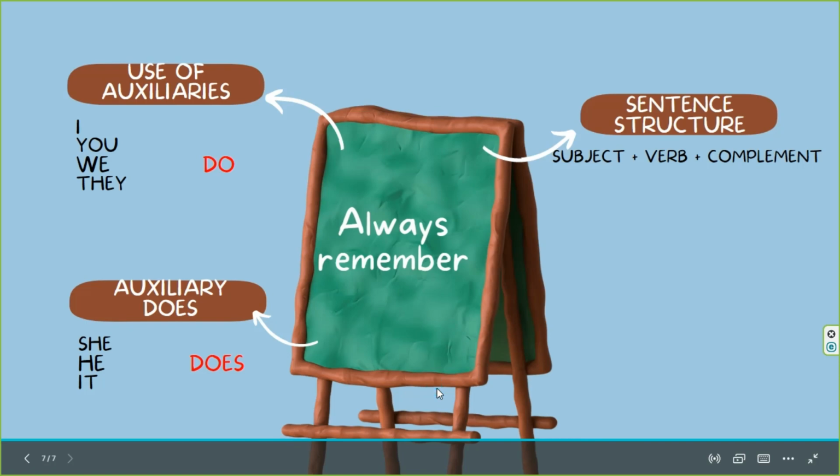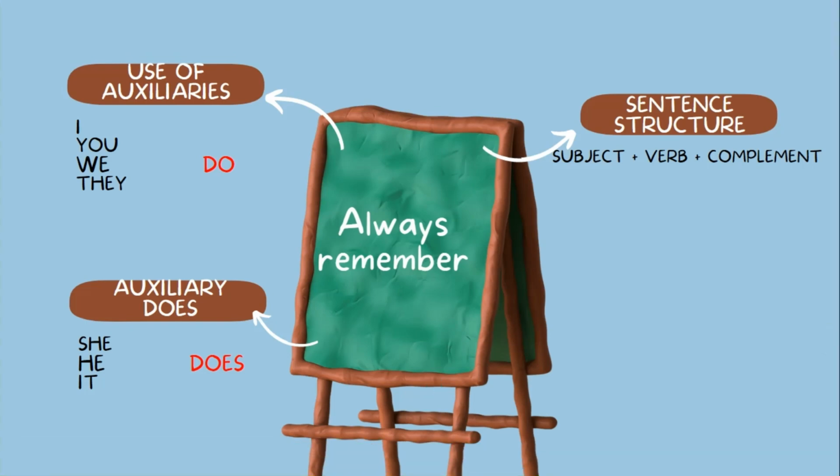Last but not least, we have this little small chalkboard that I put here. I love chalkboards. Not to use them, but to represent them in pictures. We're going to remember the last details of this video so that you can practice simple present on your own.